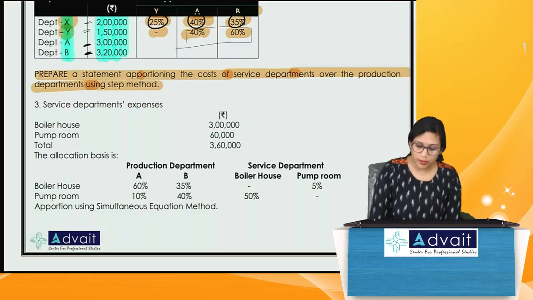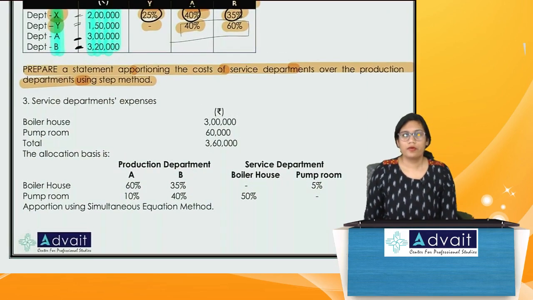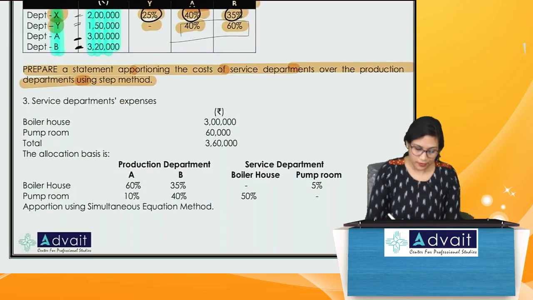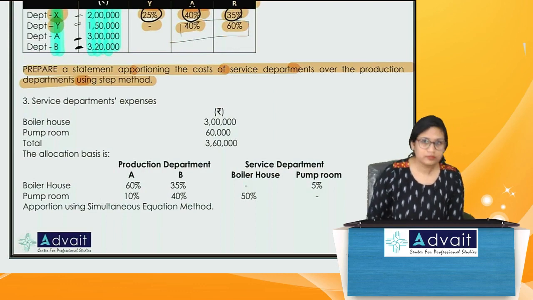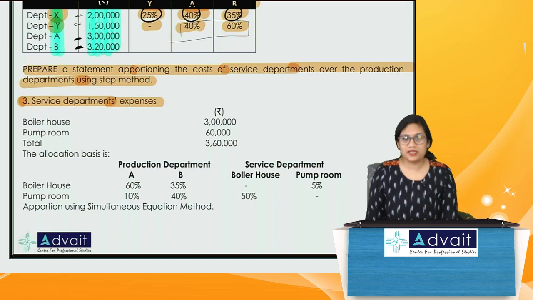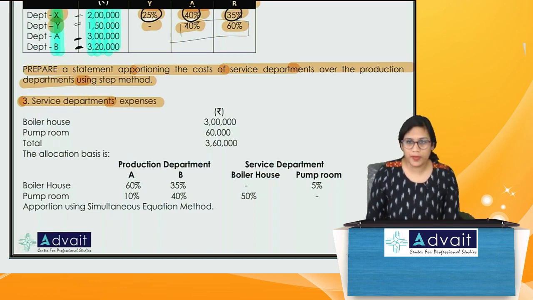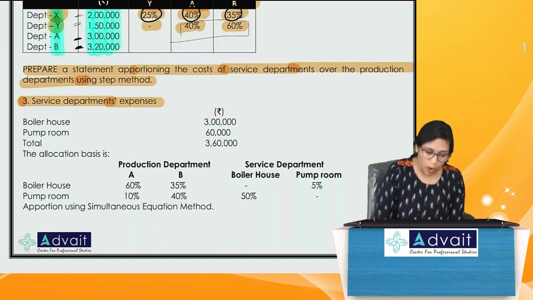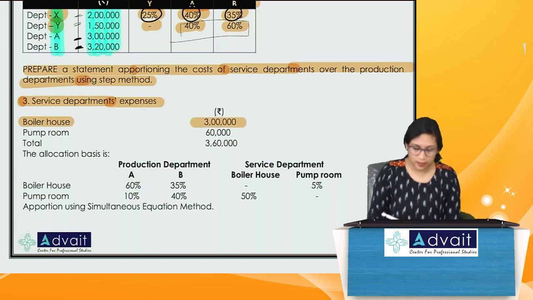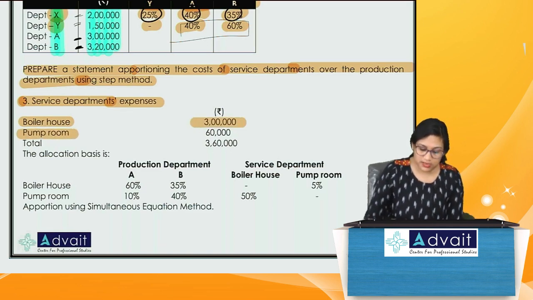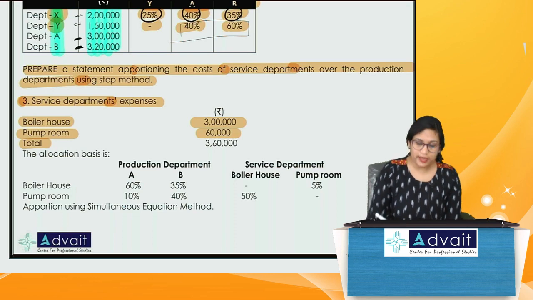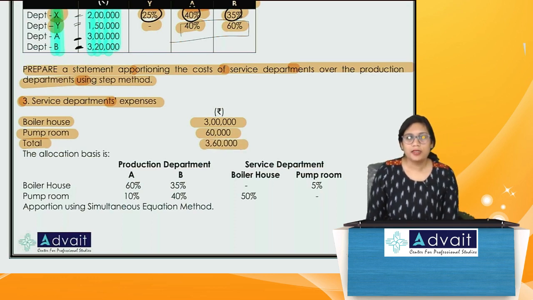Guys, come to problem number 3. Okay, let's read. Service department's expenses. Boiler house 3 lakh. Pump room 60,000. Total is 3,60,000.